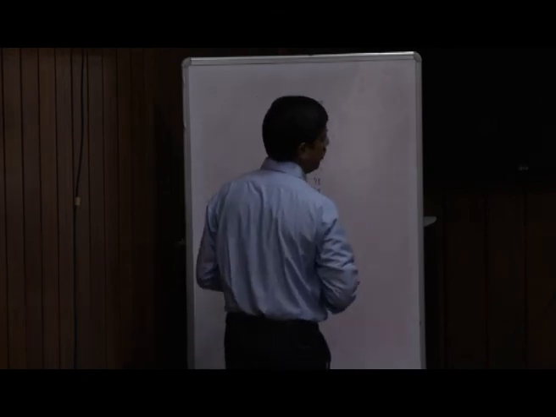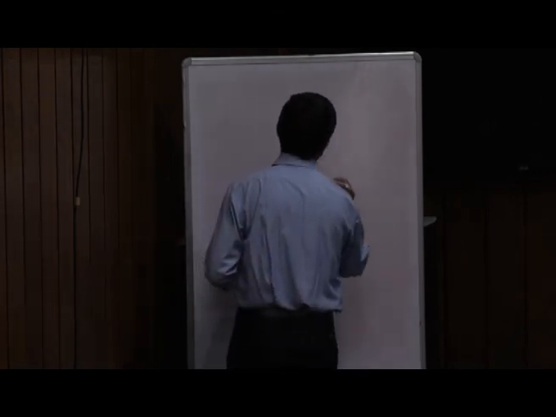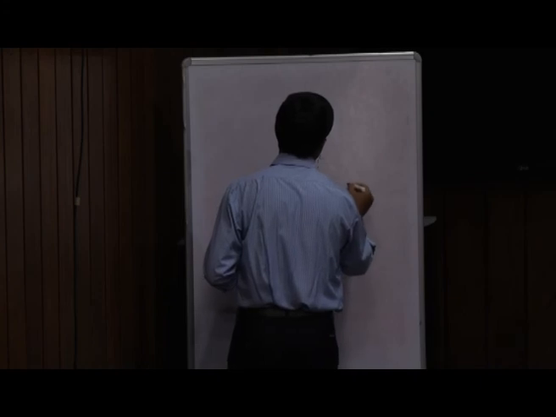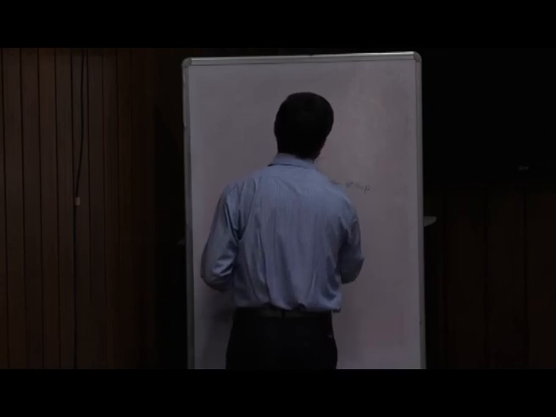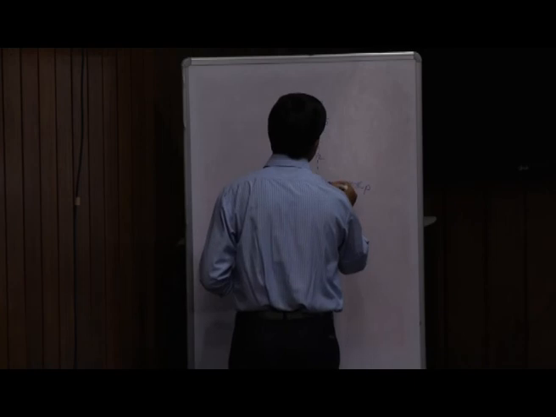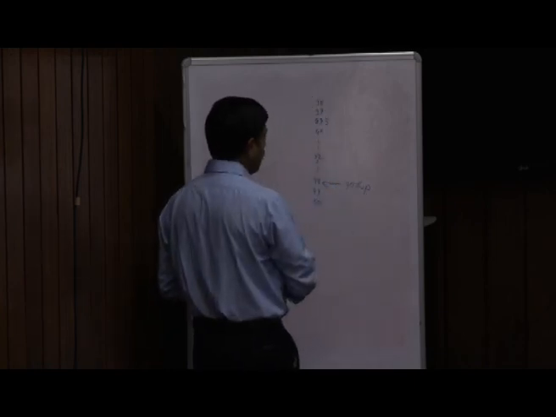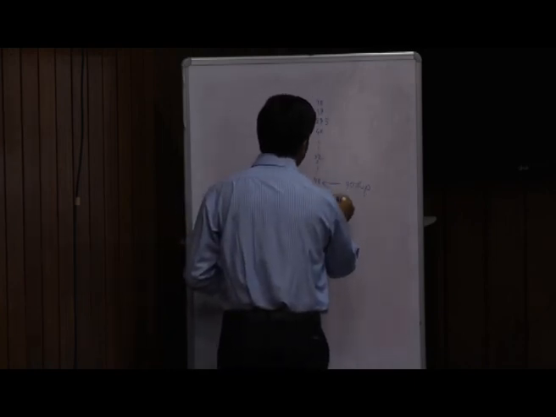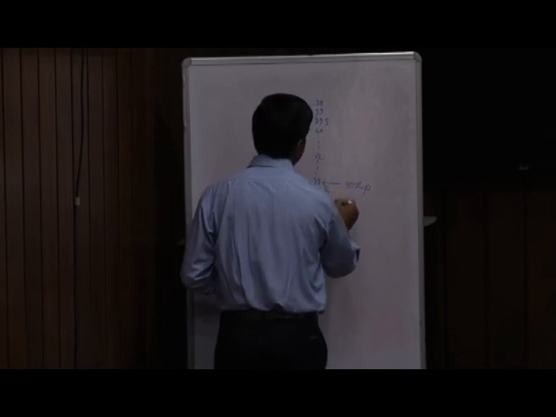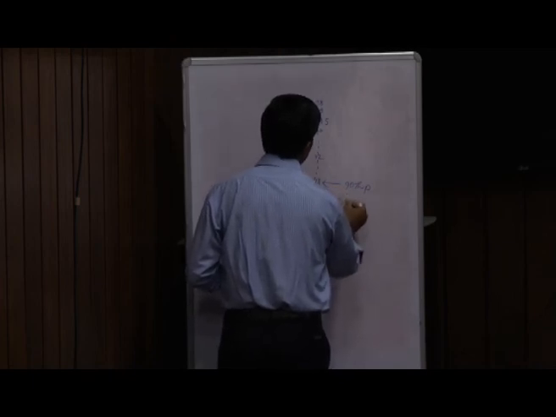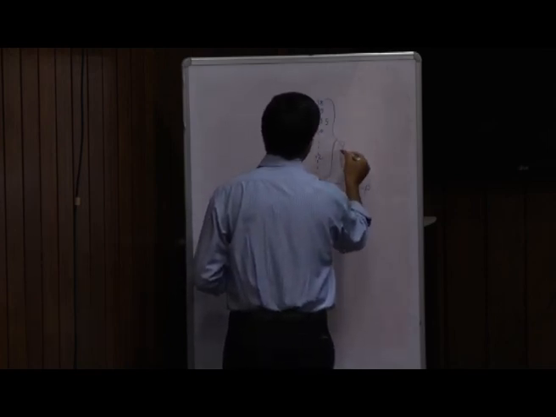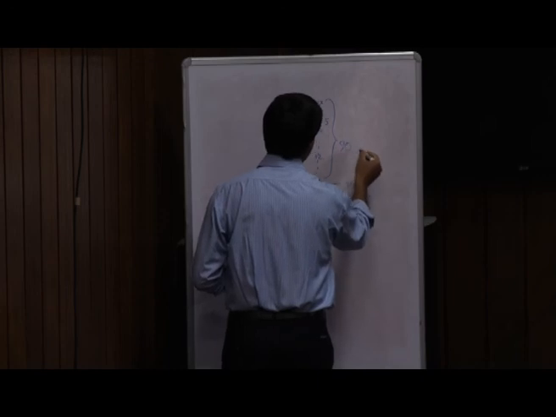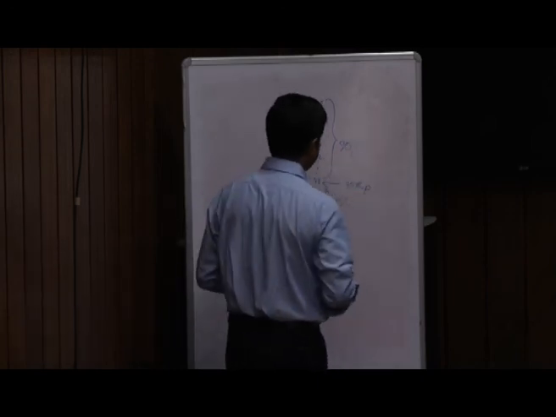If I tell you that you got 48 marks out of 50 and your rank in the class is 90th percentile, what does it mean? It means another 10% of students got more than you, and 90% of students got less than your mark.